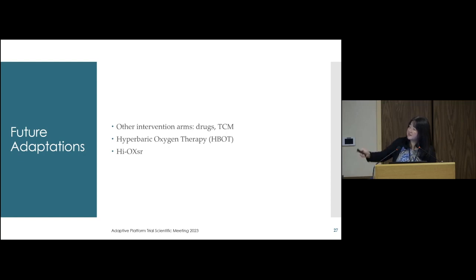There are other things being considered, whether it's traditional Chinese medicine, cordyceps. I don't know if anyone has heard of cordyceps. I think some people who have watched the TV show might have heard of that. And also other things, monoclonal antibodies and other things that we're considering.